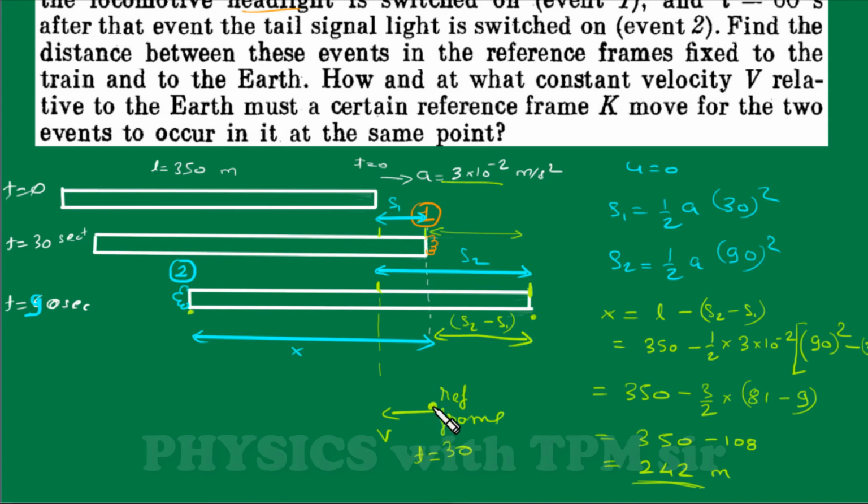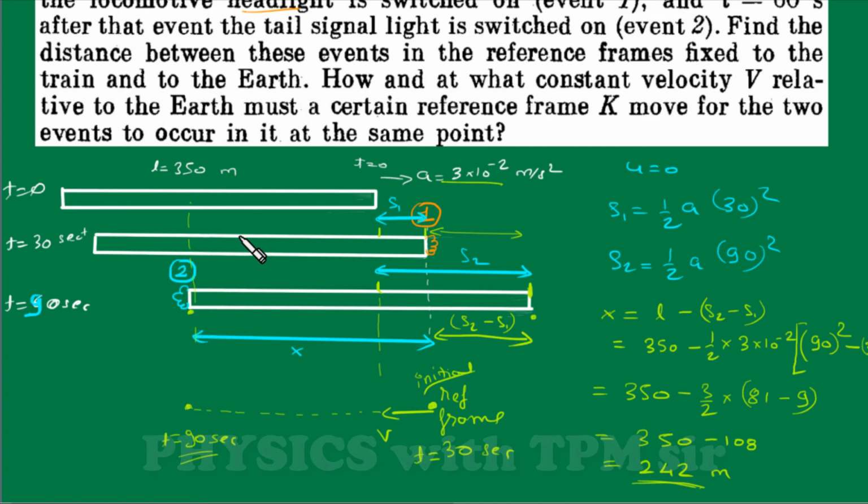So with respect to that frame, suppose the event has happened at this point only, and by the time the second event happens, this frame should also move to the position of the second event, like this. So this must be its initial position at t equal to 30 second, and by the time the second event occurs, that is at t equal to 90 seconds, the second event has occurred. So this reference frame must reach this position also.